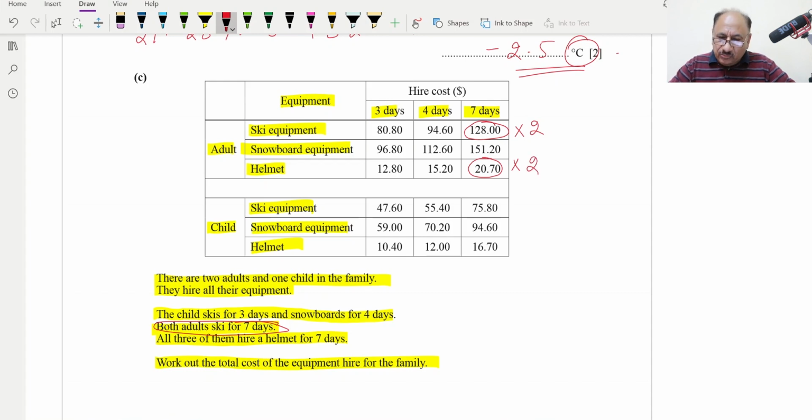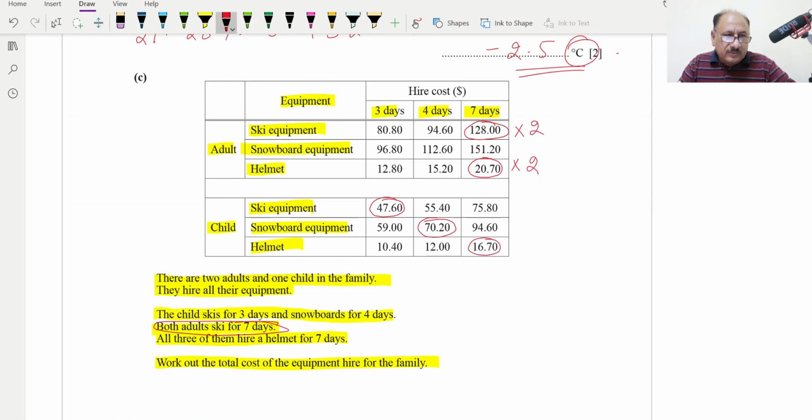So these are the things which will apply for the child. The child skis for 3 days, so this 3 days equipment will be required, and snowboard for 4 days, so this rate will apply, and then the helmet will be for 7 days.